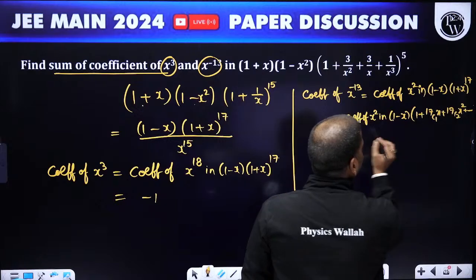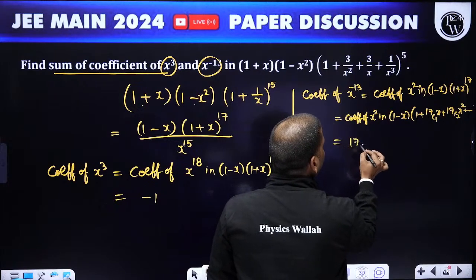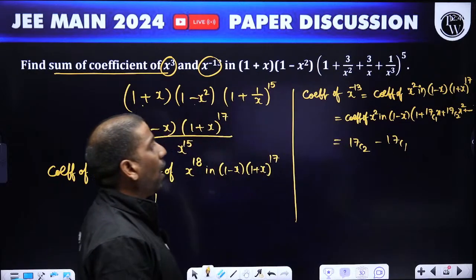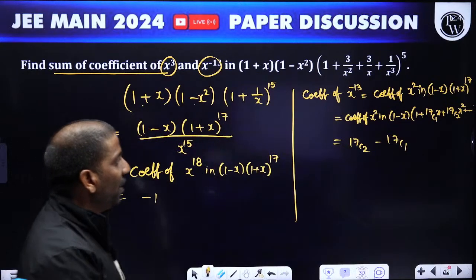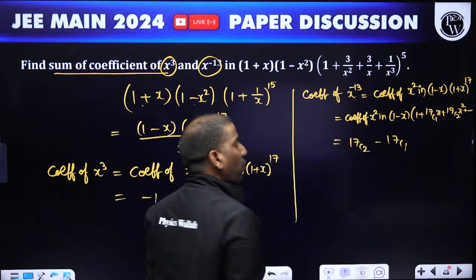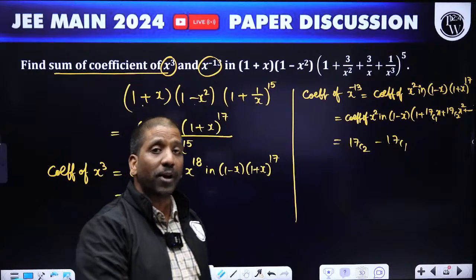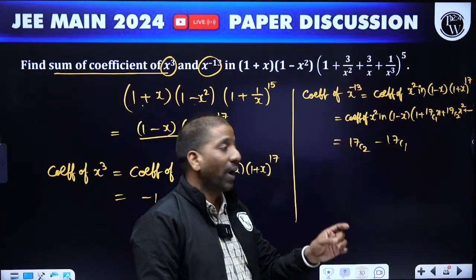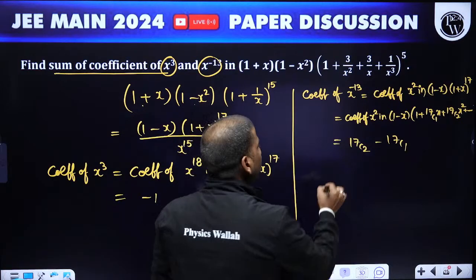1 is multiplied by 17C2, so that is 17C2 minus 17C1. That's all. No other term is present here, because after that x³ will come; x³ multiplied by 1 gives x³, and multiplied by x gives x^4. So there are only two possibilities to get x². What is 17C2?